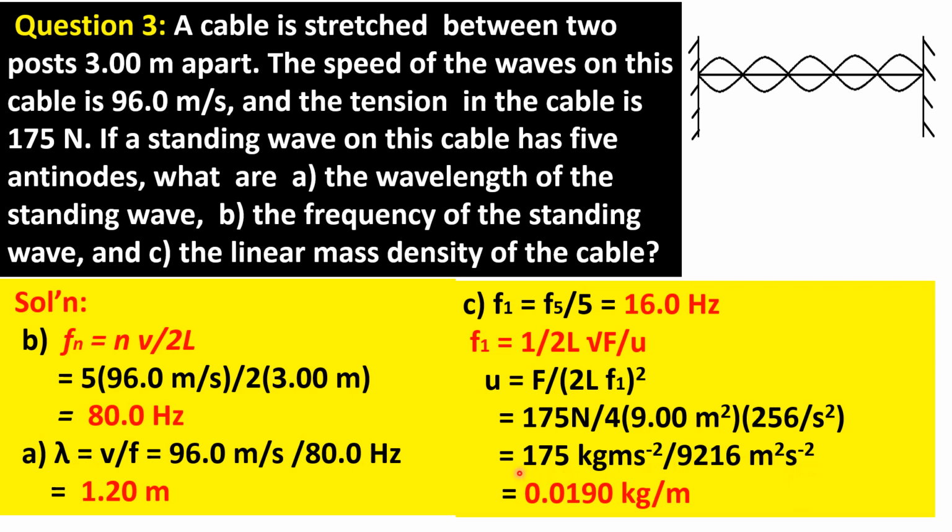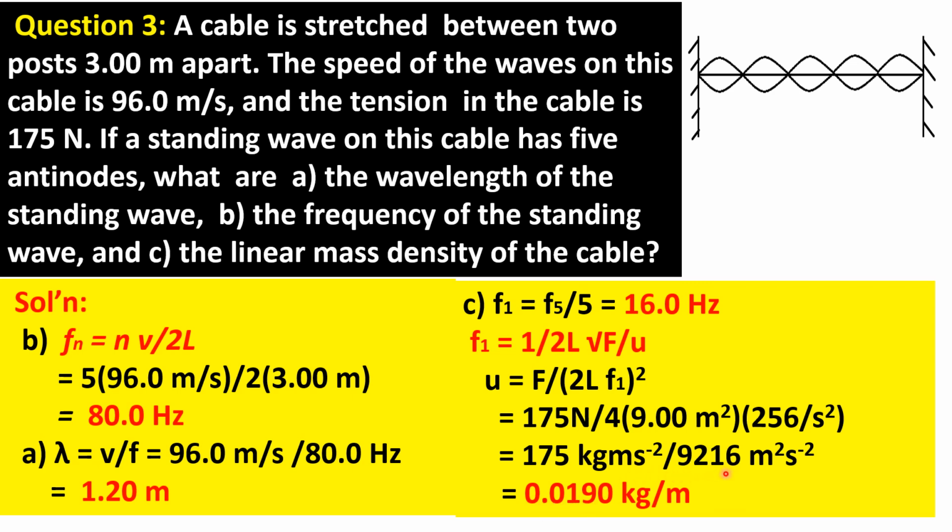So this is the time that we can divide 175 kilogram meter per second squared. That is the equivalent of Newton. 1 Newton is equal to kilogram meter per second squared. There is a need for us to break down Newton into kilogram meter per second squared so that we can see what will come out as our final unit for our linear mass density. So dividing 175 by 9216, our numerical value becomes 0.0190.